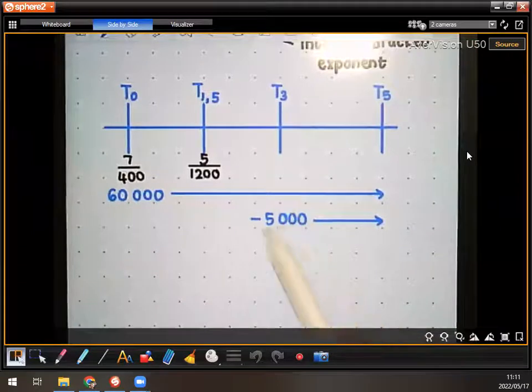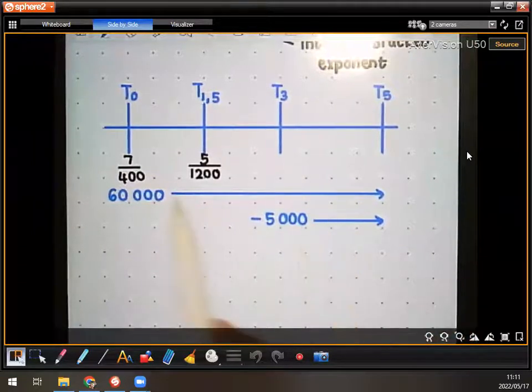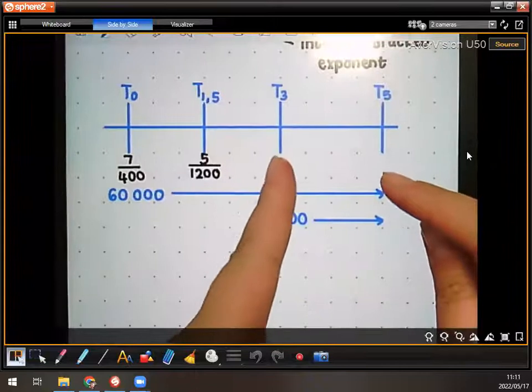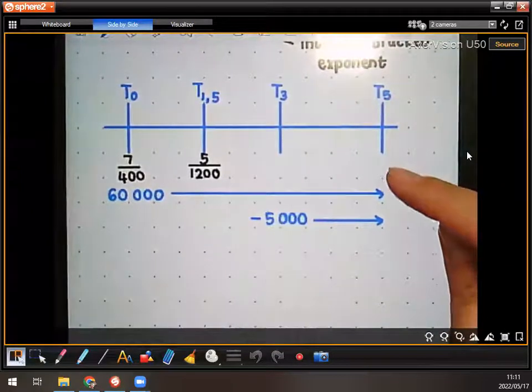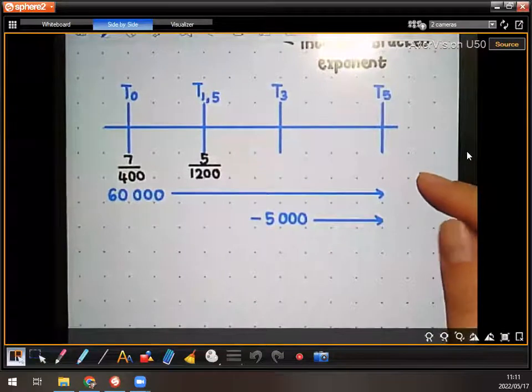Now, of course, this 5,000 rand that I am withdrawing after 3 years, if I'm saying that the 60,000 is going to be in, there's interest in this last bit that actually isn't going to be earned, right? Because there's 5,000 rand that's actually out of that account.